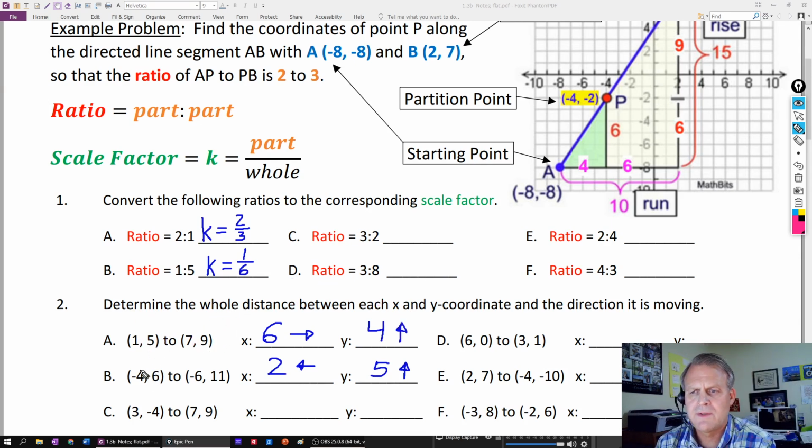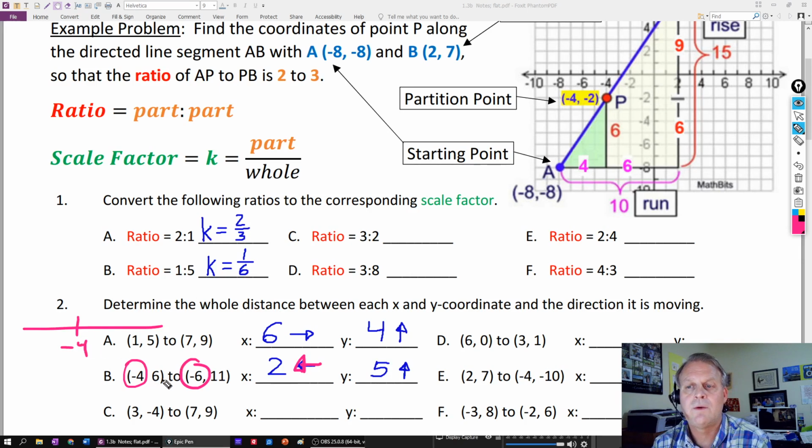Now a little more difficult here with our x-coordinates. When I'm going from -4 to -6, what direction am I going on that x-axis? I'm actually going to the left, aren't I? That's why I have a left arrow here, because think of the number line. Here is -4, and where is -6 on the number line? Here's 0. -6 is over to the left, right?